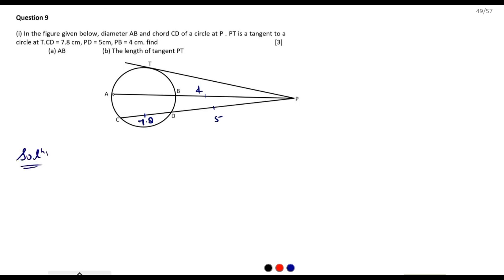First of all, AB and CD both are the chords of a circle and intersect each other at P. Then product of segments of chords will be equal. Always remember, segments of chords will be measured from point of intersection.